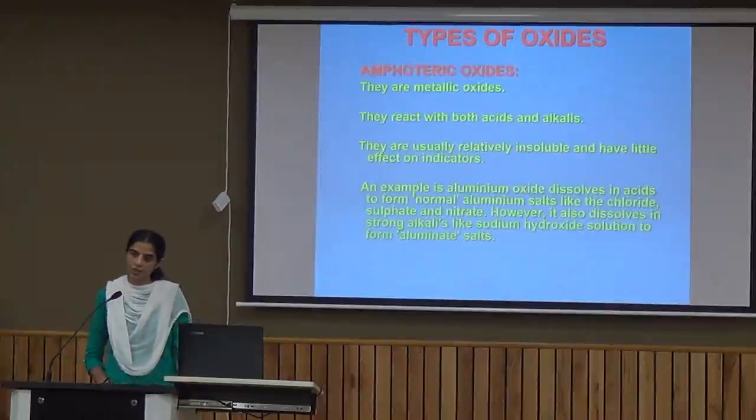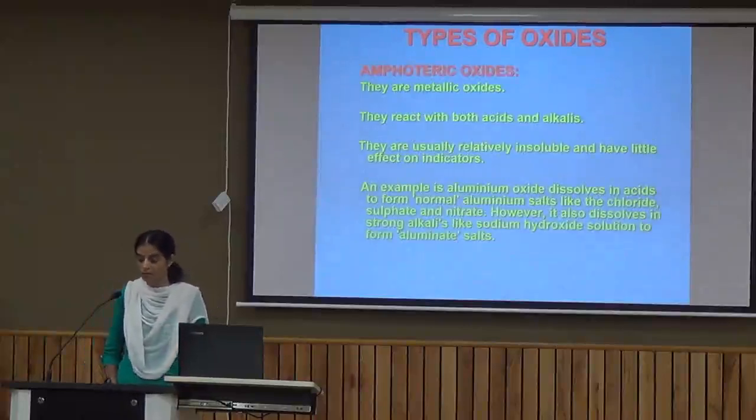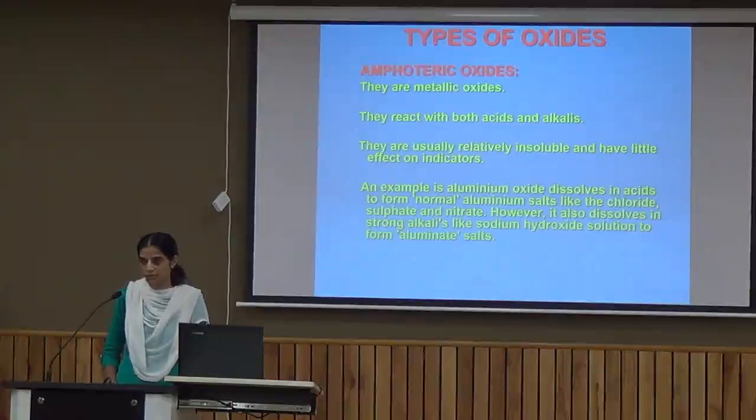Next in the category come the amphoteric oxides, a very important part of the chapter. These are a few metallic oxides which can react both with acids as well as with alkalis. So the specific feature of an amphoteric oxide is that it can react both with acids as well as alkalis.